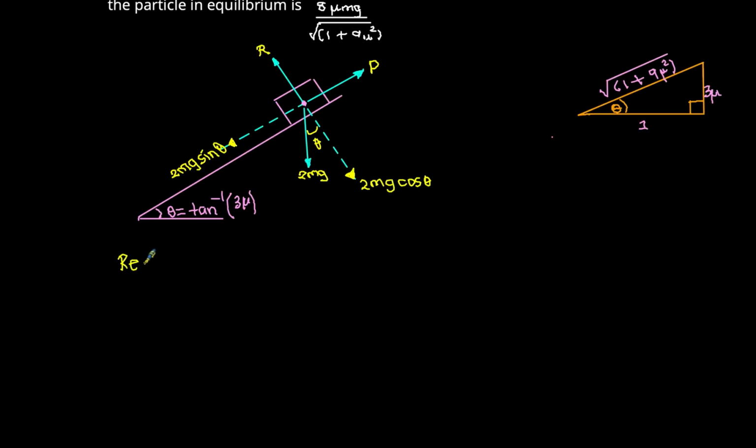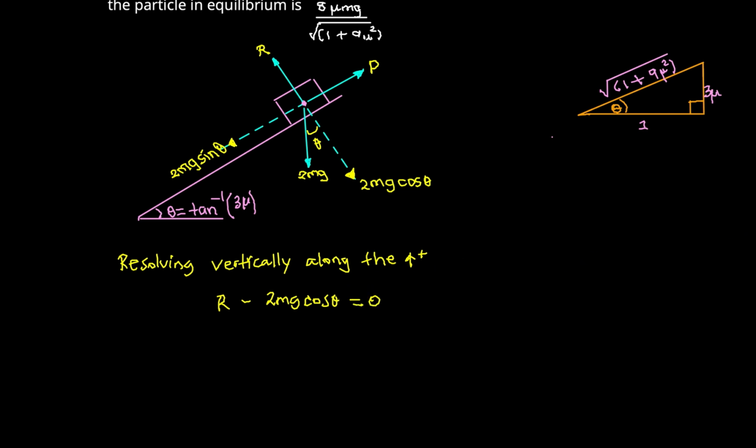Resolving perpendicular to the plane, up is positive, so we'll have R, acting in that direction, minus the resolution of the weight 2 mg cos theta, must give us 0.